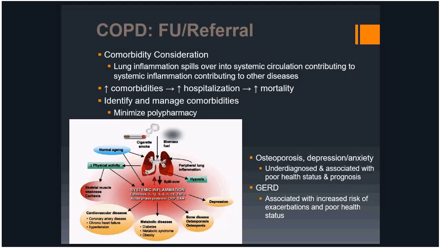So when you've got osteoporosis, depression, and anxiety, and also GERD, you can see how some of these things can be underdiagnosed and associated with poor health status and prognosis. And GERD can be associated with an increased risk of exacerbations. So these are some things you want to keep in mind, and you can see the diagram here on this slide.